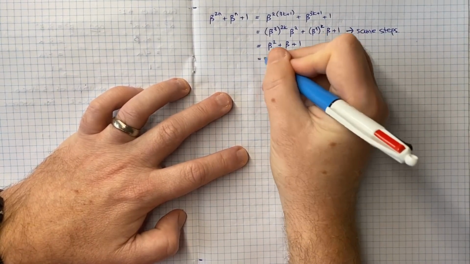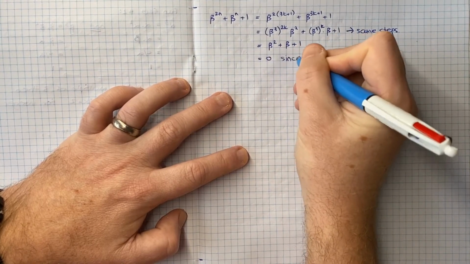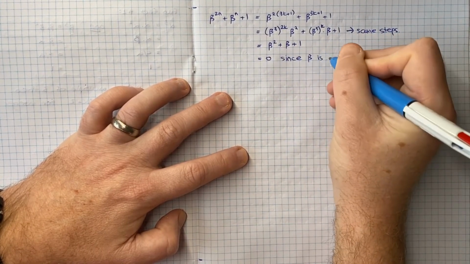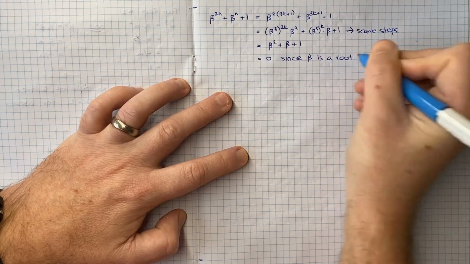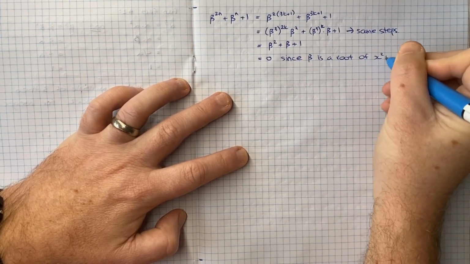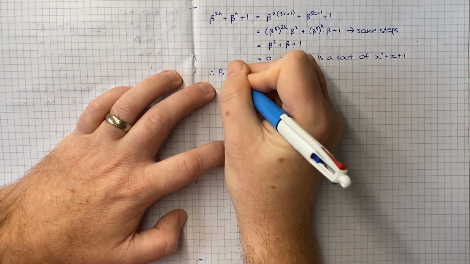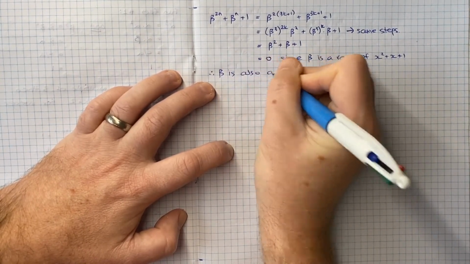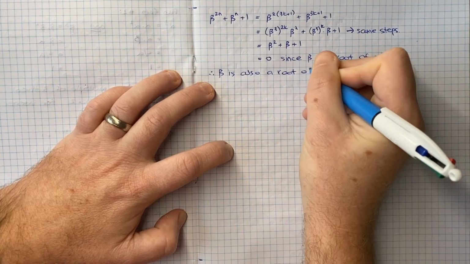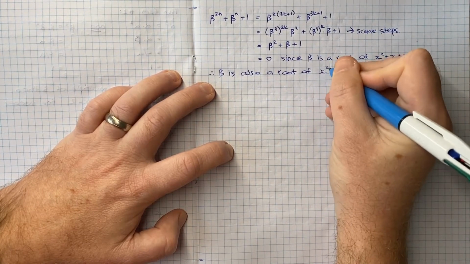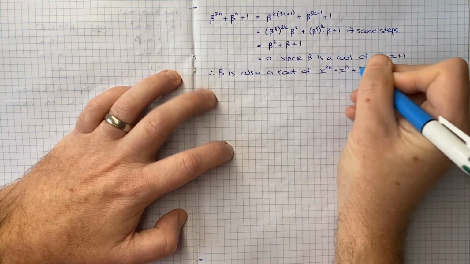And we know that's 0 since beta is also a root of x squared plus x plus 1. So same conclusion, that means beta is also a root of x to the 2n plus x to the n plus 1.